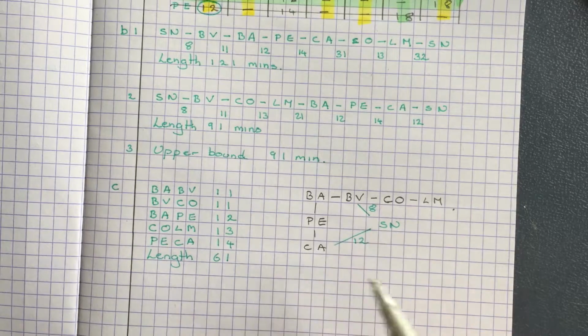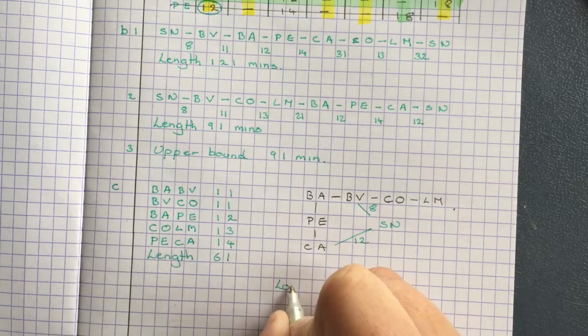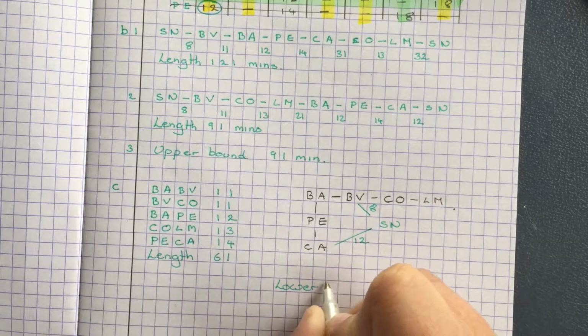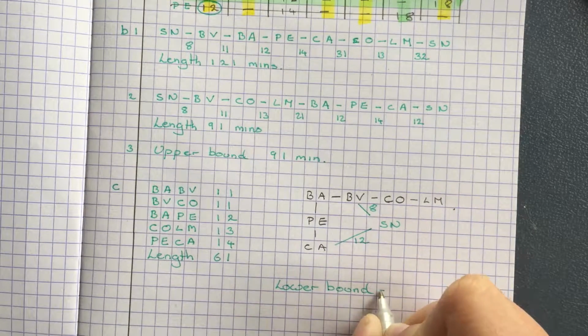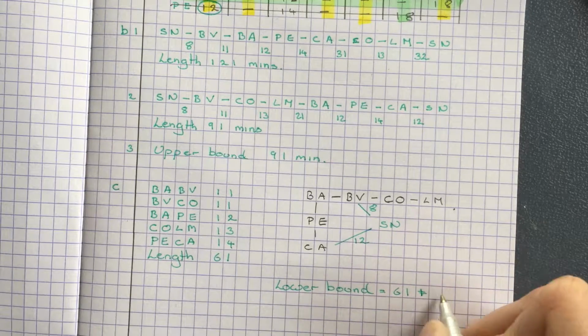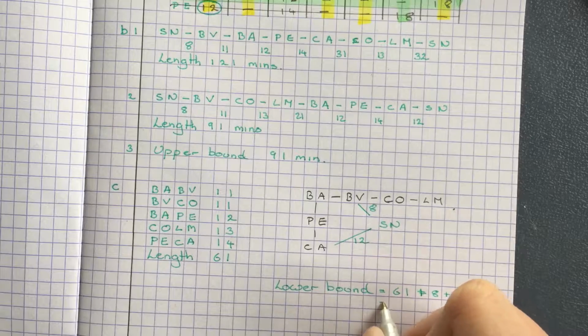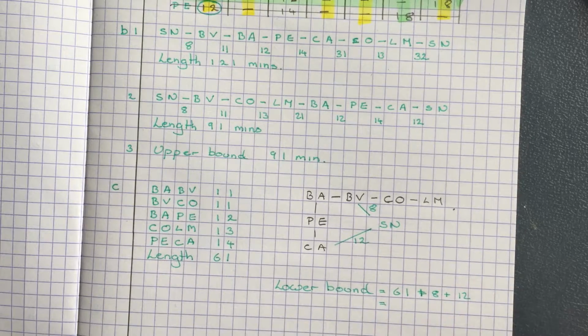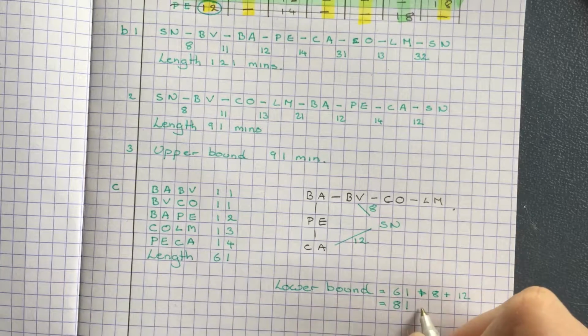Once you've put that bit in, you end up with your lower bound. So your lower bound is 61 plus 8 plus 12, which should be 81 minutes.